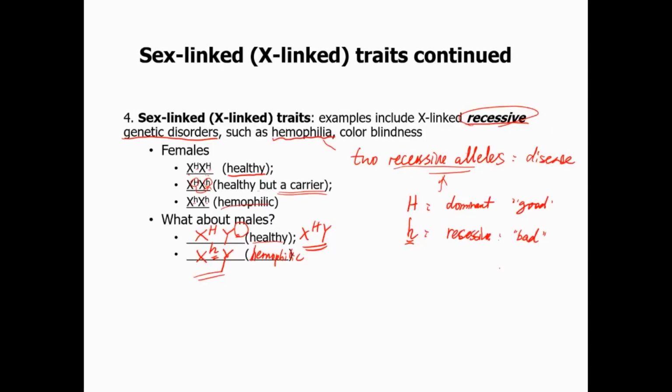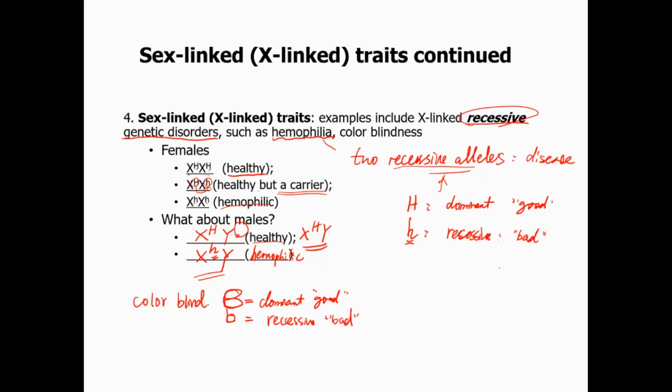Let's practice one more, because I'm worried that this is confusing to a lot of students. Let's say colorblind. Let's use big B for the dominant trait, which is the good allele, not colorblind. I'll use B because it's easier to differentiate the lowercase and uppercase letters. Little b is recessive, and because color blindness is a recessive disorder, we know that's the bad allele.